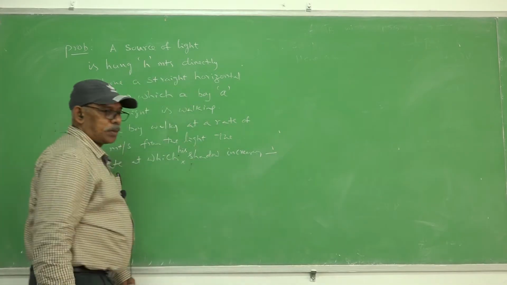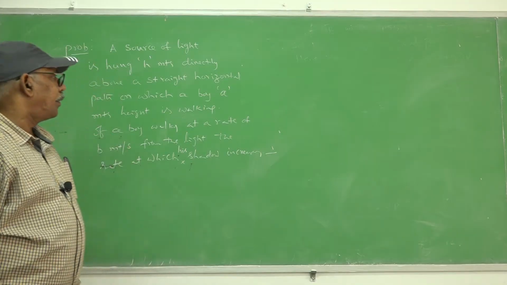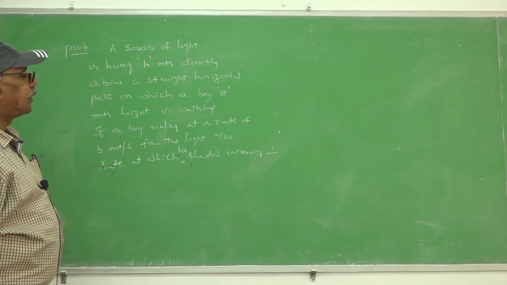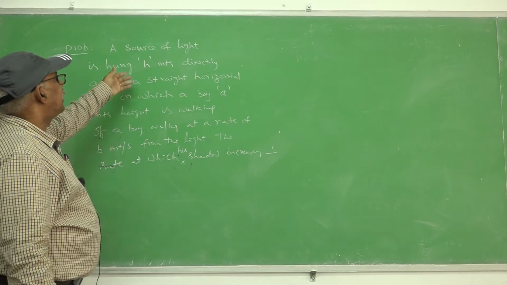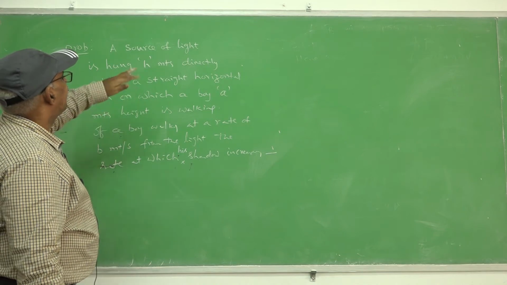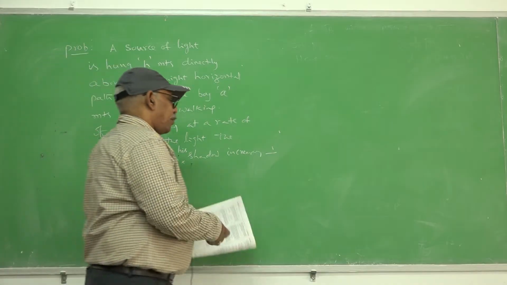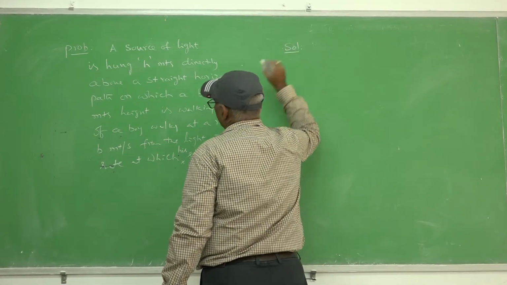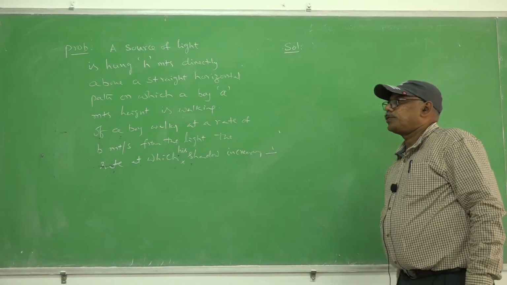This is the shadow problem already given to you with numeral values. Here it is the same model problem, but the values are not given in numerals. A source of light is hung at the height of h meters.